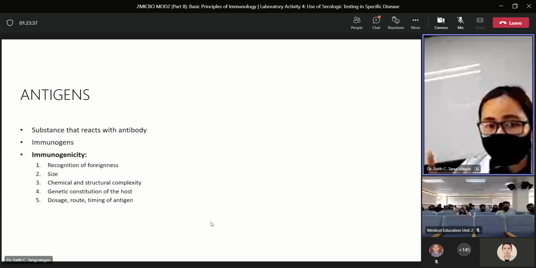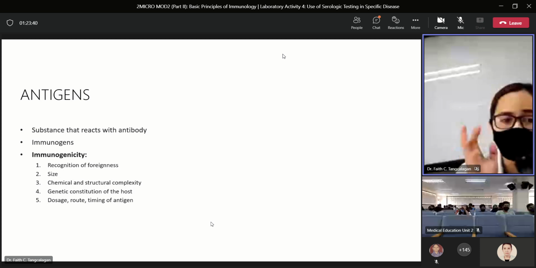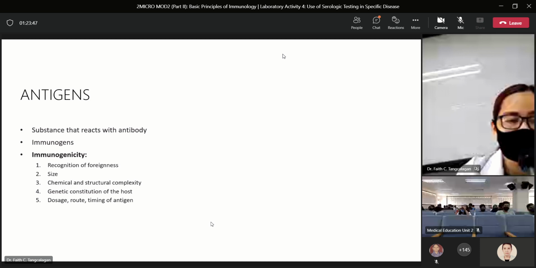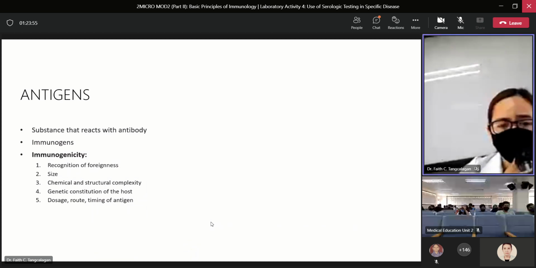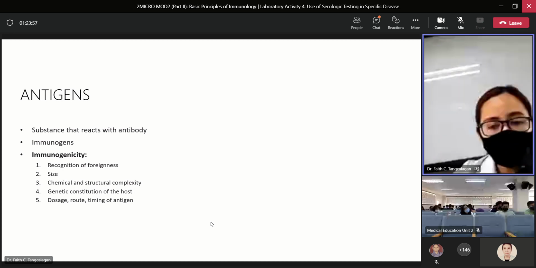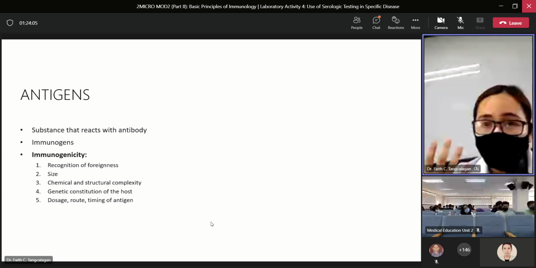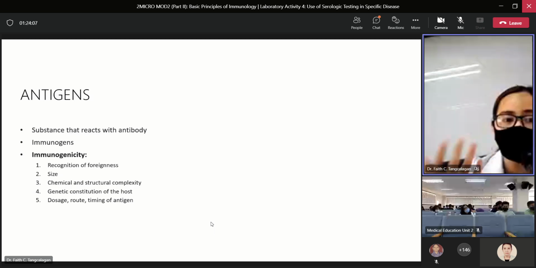So anyway, five properties for immunogenicity. What are those? Recognition of foreignness, size, chemical and structure. Actually, the immunogenicity depends upon these five properties. Okay, so for example, recognition of foreignness.